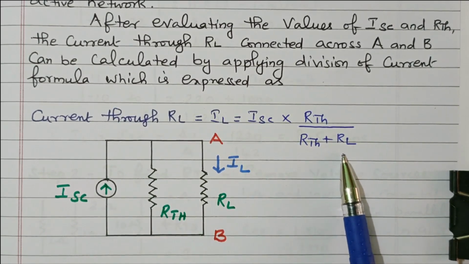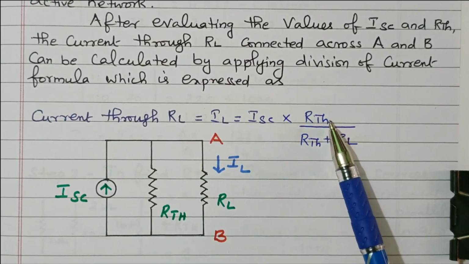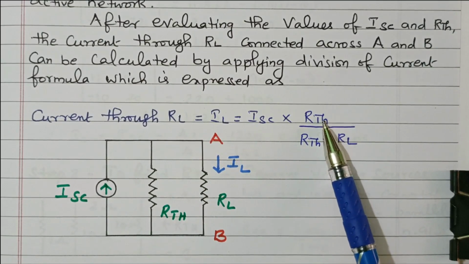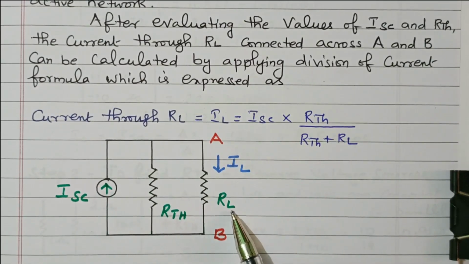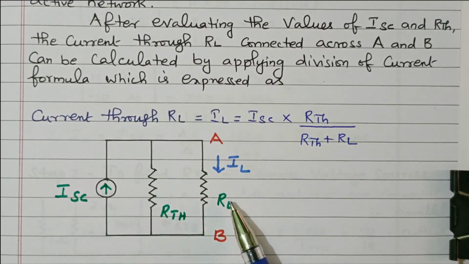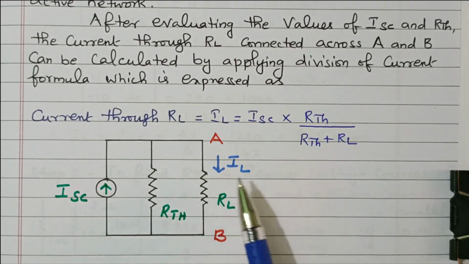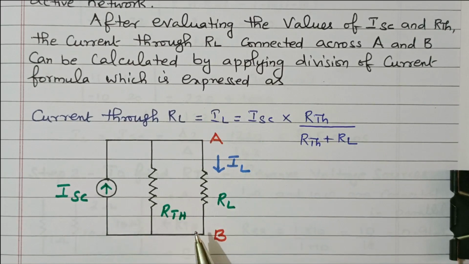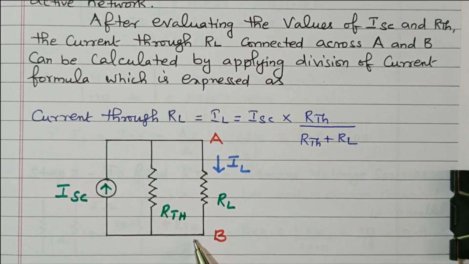In the case of the voltage divider rule, the resistance of the same arm is used. Here it is the resistance of the other arm. What we need is the current through RL, so you have to multiply with RTH. In the case of voltage, the same resistance is multiplied. So by using the current divider rule, we can easily find the current flowing through the load resistance RL, that is, IL can be calculated.